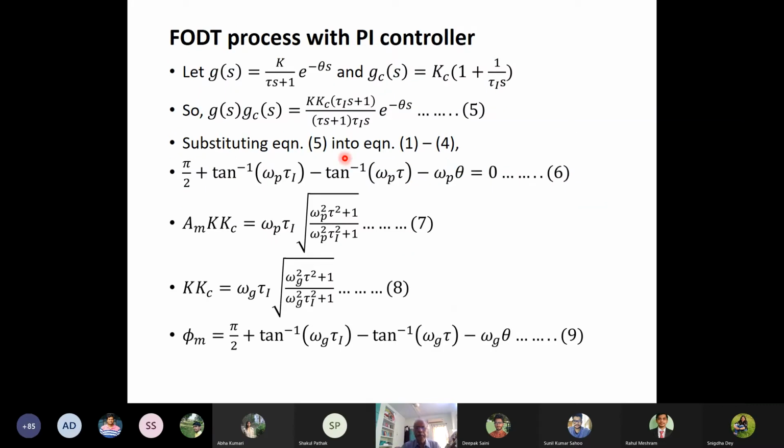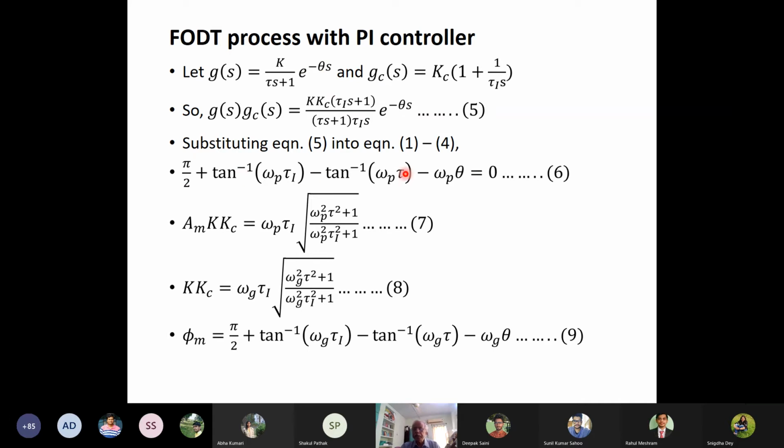The argument is nothing but the angles. So I am finding minus pi by 2 plus tan inverse of omega_P tau_I for this one, tan inverse of minus omega_P tau for this one, and minus omega_P theta for e to the power minus theta s.